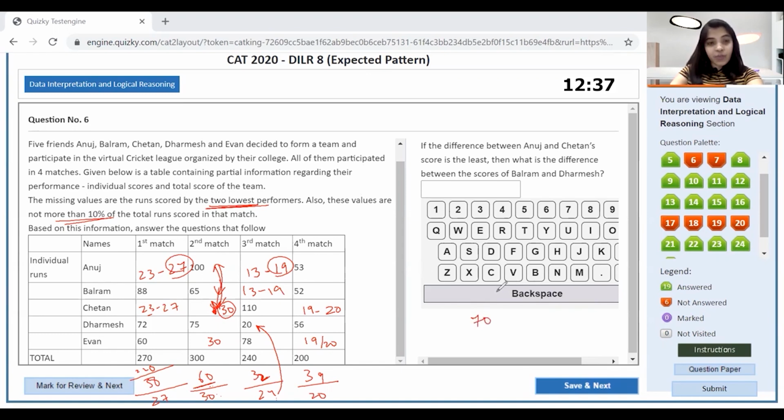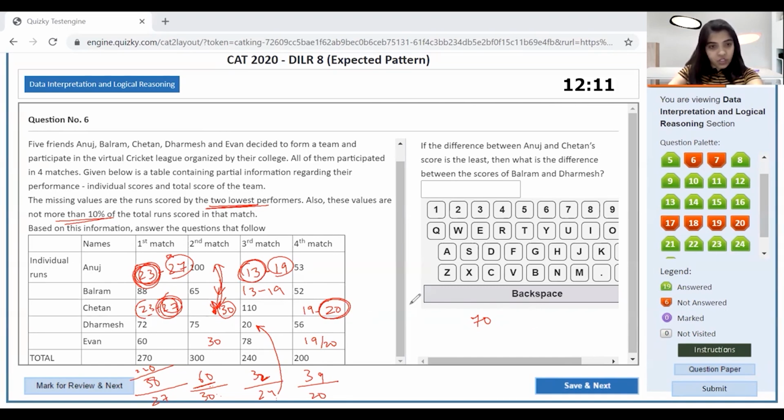So we have to maximize Chetan's score now to get them to even, right? So Chetan could be 27, Anuj could be 23, right? Here, Anuj has to be minimized and here Chetan has to be maximized. So let's try doing this.